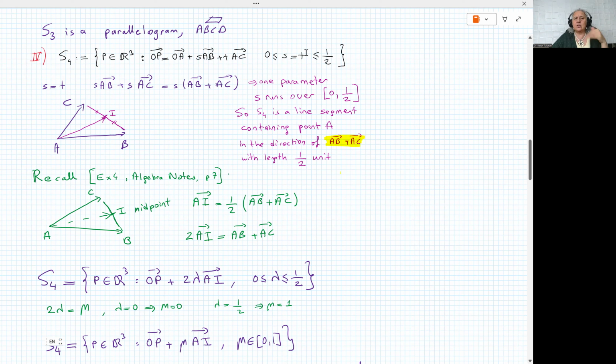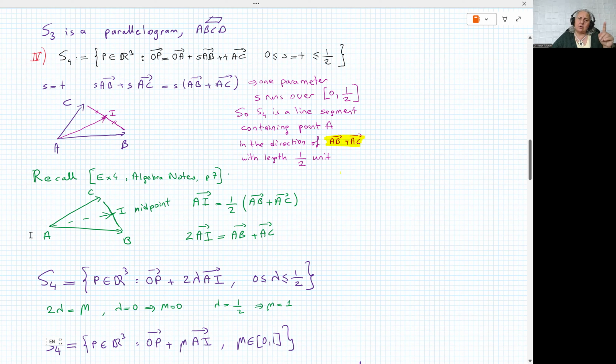Now S is equal to T, what it means for us, let's check it. S is equal to T, so we have AB plus AC vector. Now we need to understand what the AB plus AC vector means, or how we can simplify it. Recall, this is example 4 in your algebra notes, page 7.